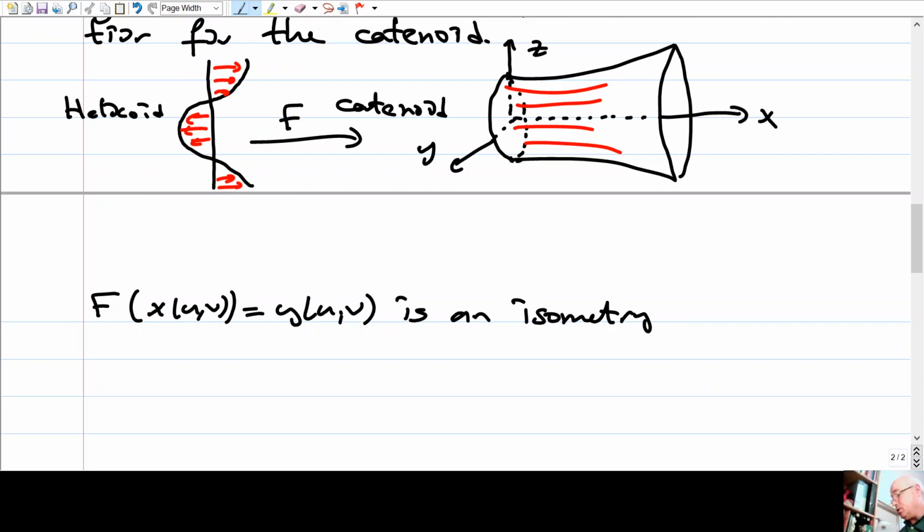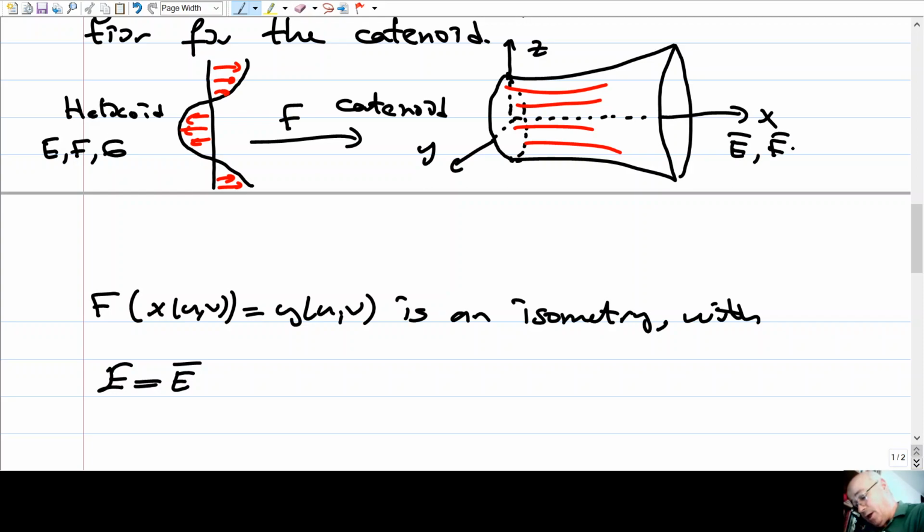One can check this with E and E bar. So E, F, G are for the helicoid, and so here I have E, F, and G, and here I have E bar, F bar, and G bar. These are both 1.